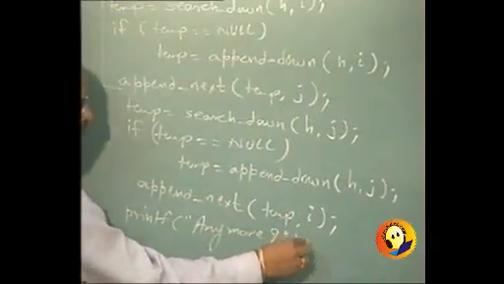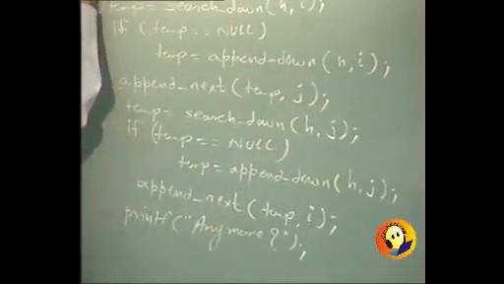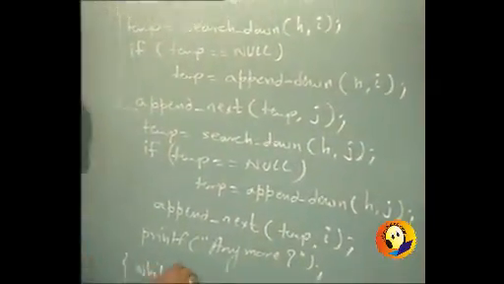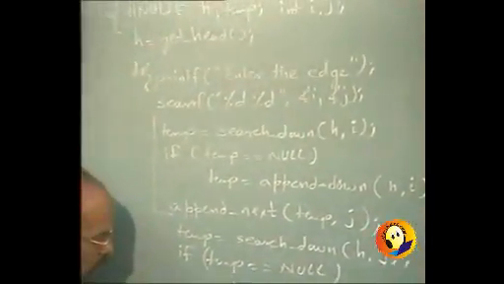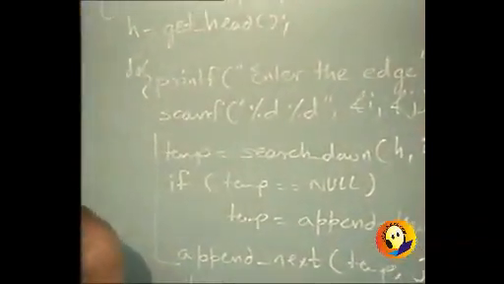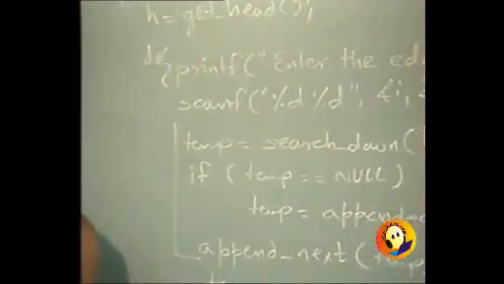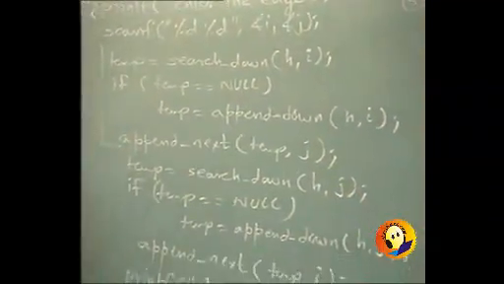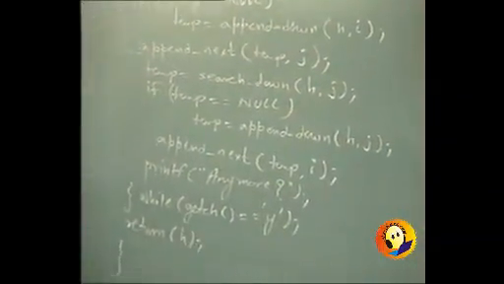And then repeat from here while, as usual, get ch equal to y. Return H. We'll read the graph.